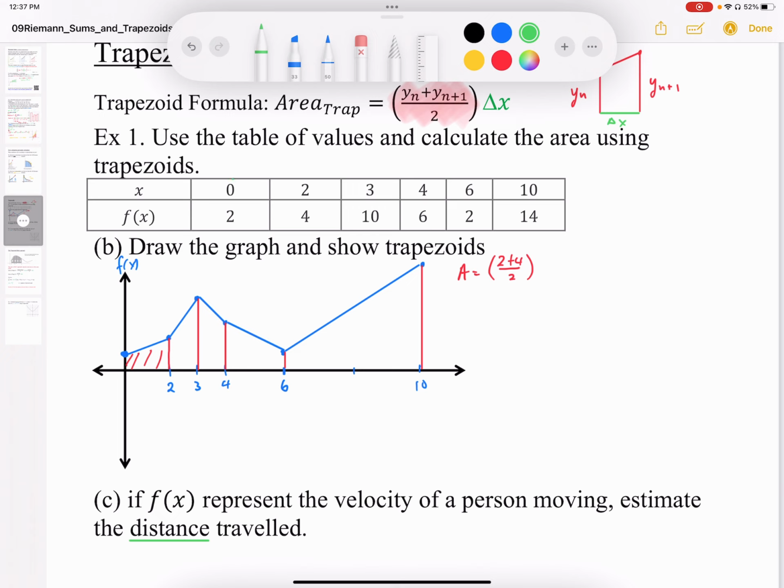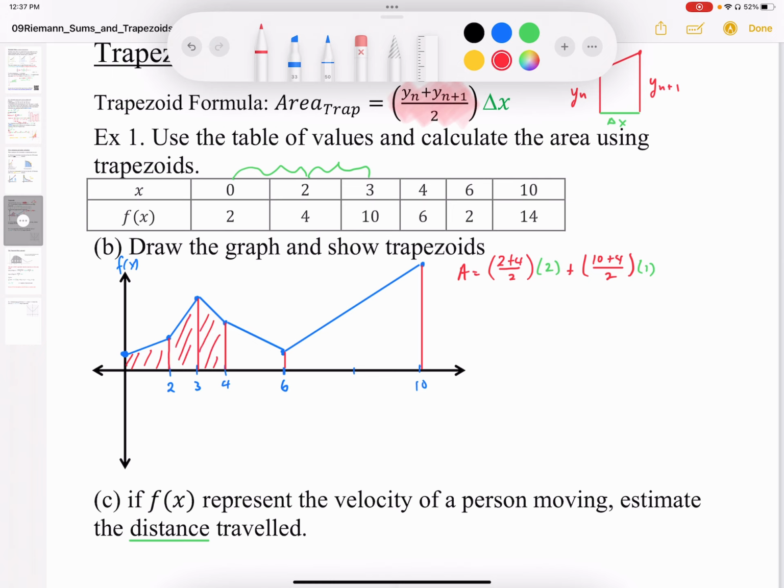So the width between 0 and 2 is going to have an interval width of 2, plus the next two heights, so it's going to be 10 plus 4 divided by 2, and that next interval is going to have an interval width of 1, plus, okay, so that would be this one here.